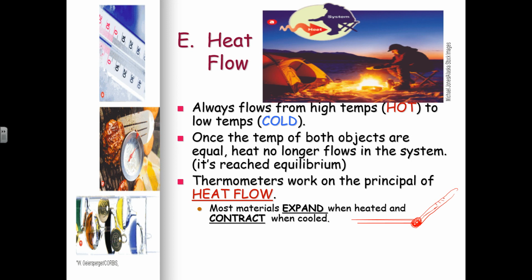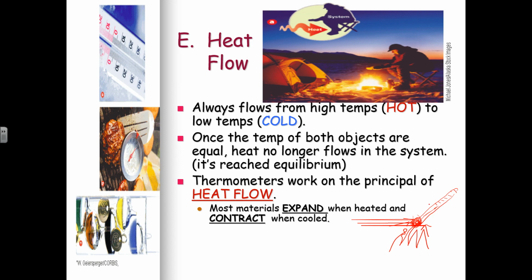So you have your thermometer. Whenever you put the thermometer, let's say at a flame, so this is a flame, it's going to heat the liquid in the thermometer up and the temperature is going to rise. So whenever heat flows into the thermometer, it's going to make the liquid in the thermometer expand and the liquid in there is going to rise.